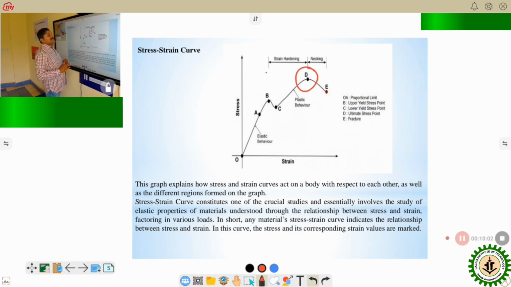This is the maximum point, or we can say the material can handle up to this point. After this point, the fracture will come, and that's why we are saying that it is the ultimate stress point. Okay.